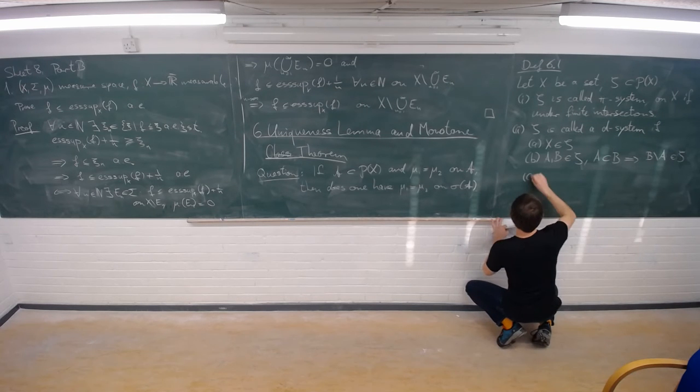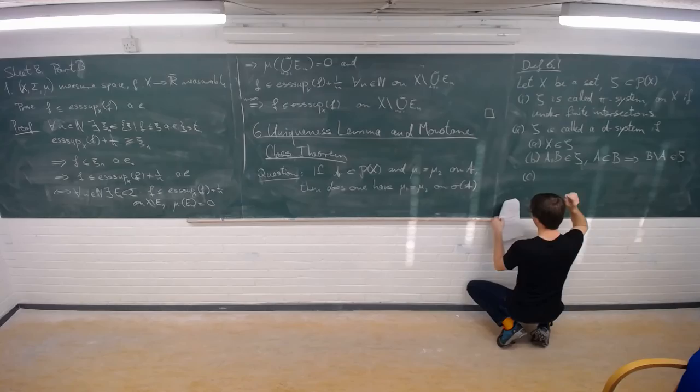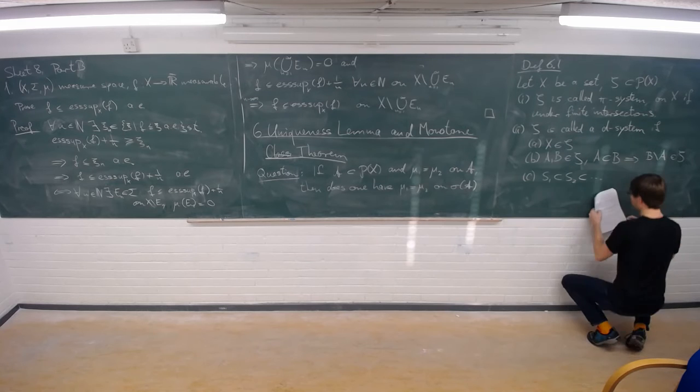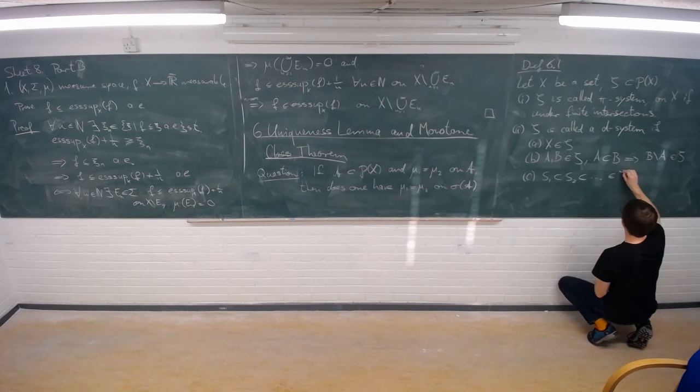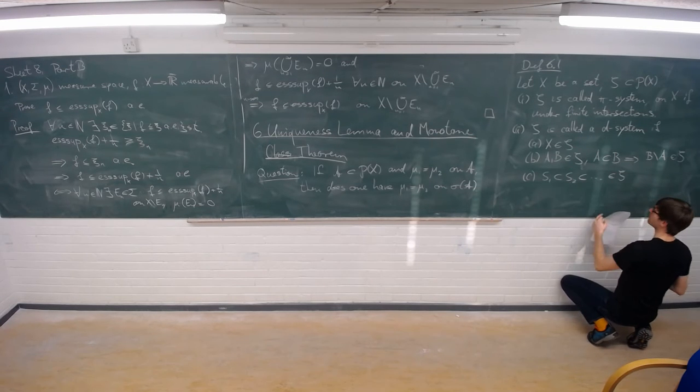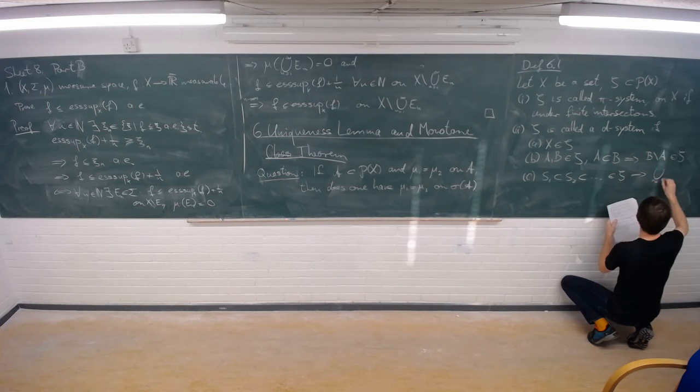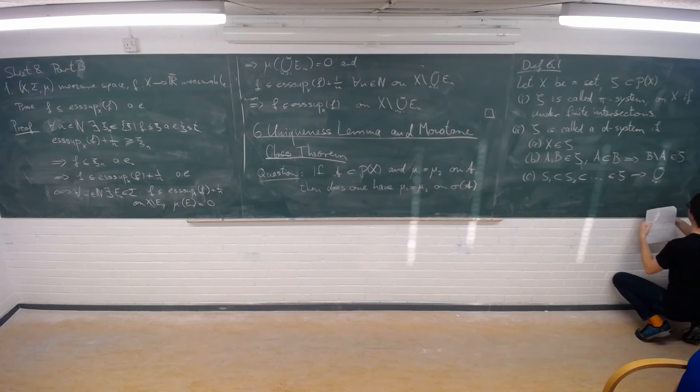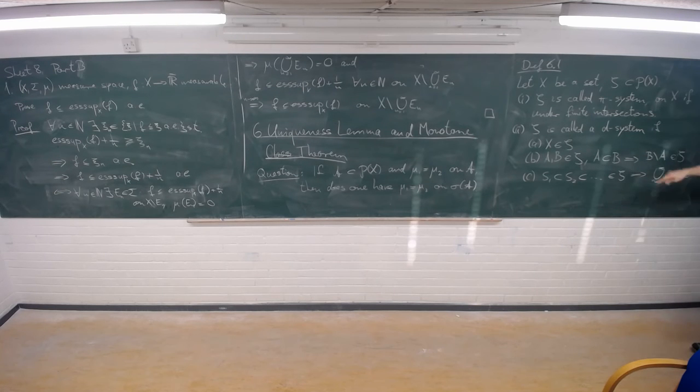And third, if we have an increasing sequence of sets, S1 subset S2 subset and so on, if all these are increasing and elements of S, then the union of all the S_n is in S again. So if these three things are satisfied, then we call S a D system.